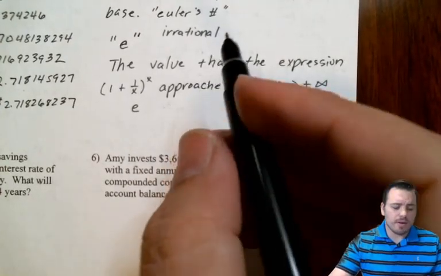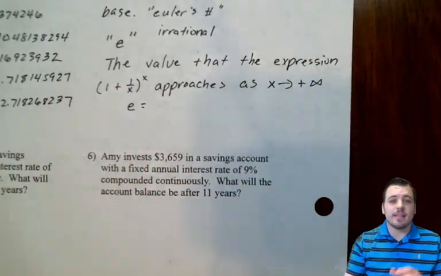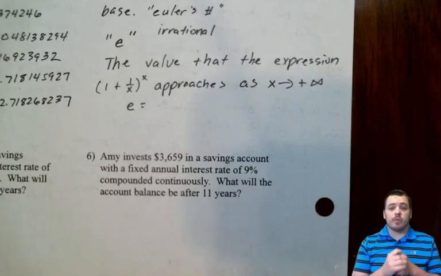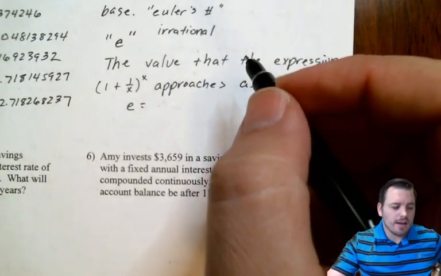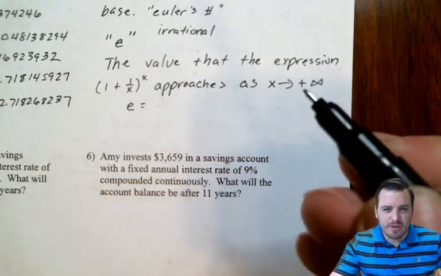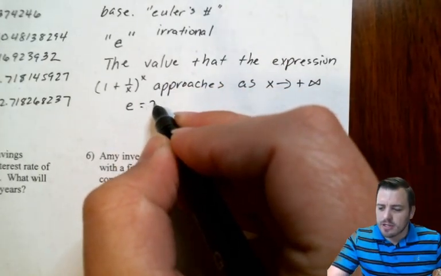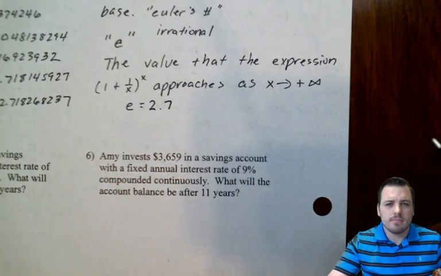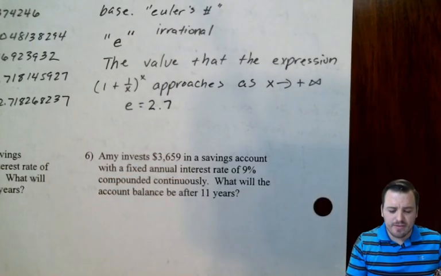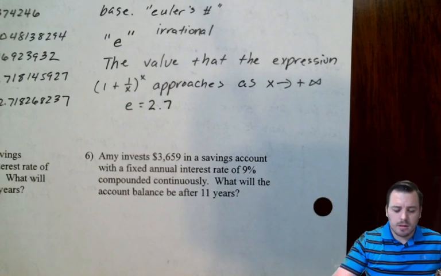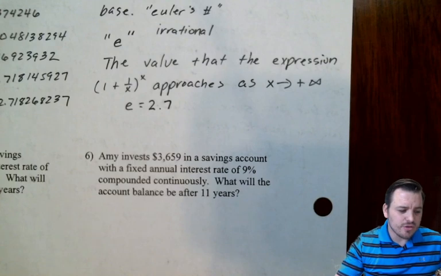This number is actually equal to, and there's an easy way to remember it, guys. If you ever get asked what e is and several digits after it, it's always going to be 2.7, and then it's 1828 twice.